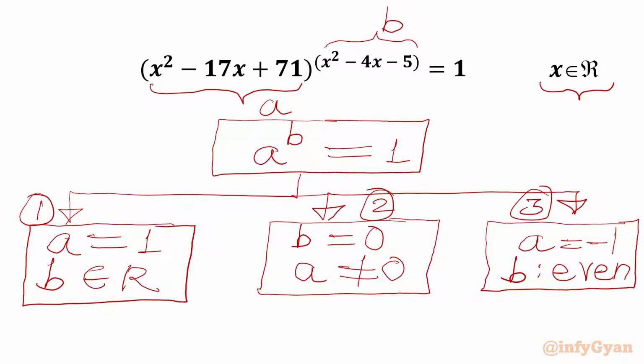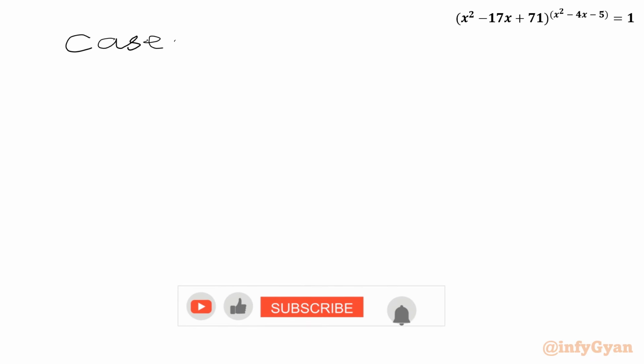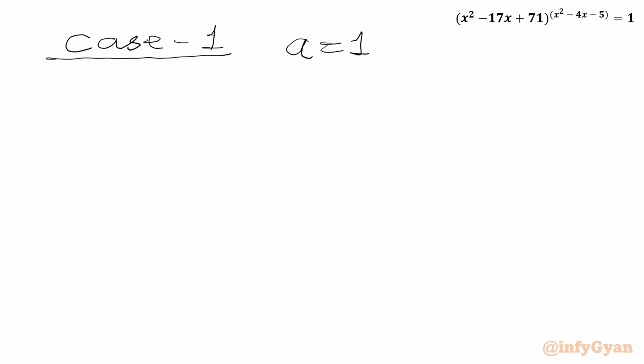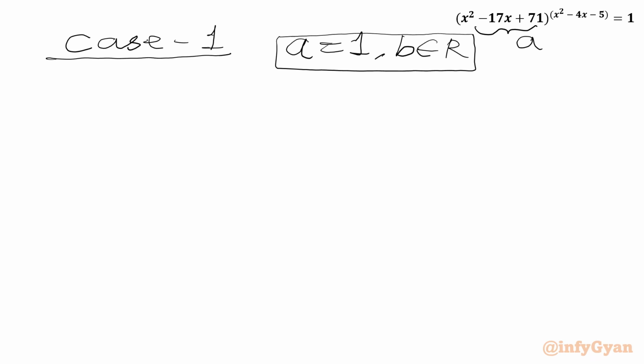Now we have to consider our equation under these three cases. So let me write here case number 1. Condition is A is 1, B should be real. Now this is A and this is B. So we will write A equal to 1.